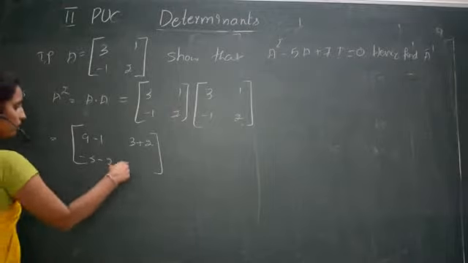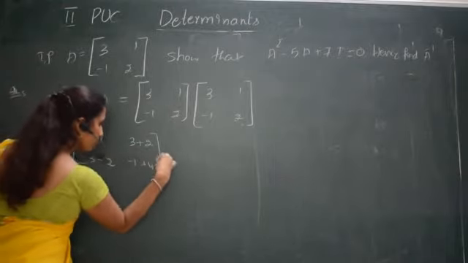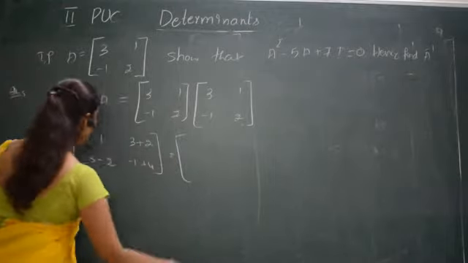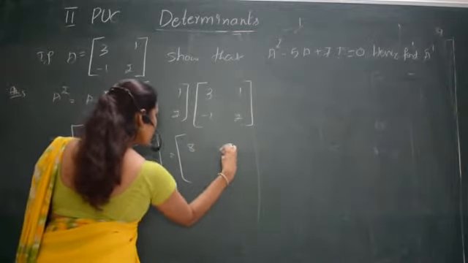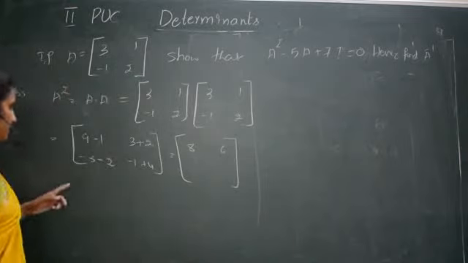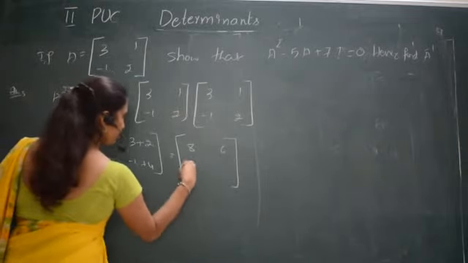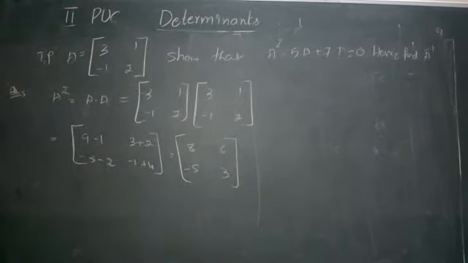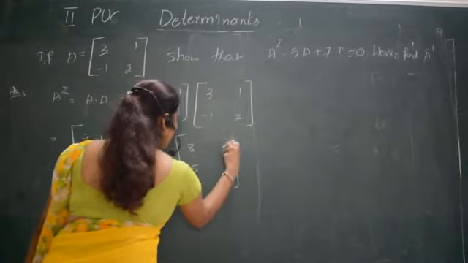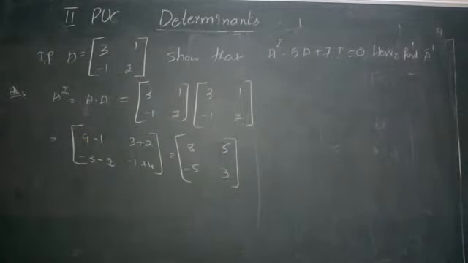So we get [8 5; -5 3]. This is the value of A square, 8 5, not 8 6. Now we have to show that the expression is equal to 0.